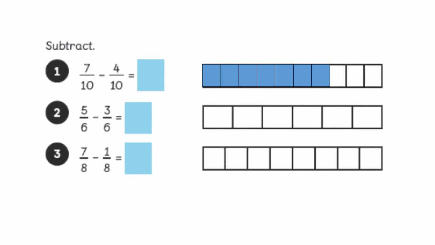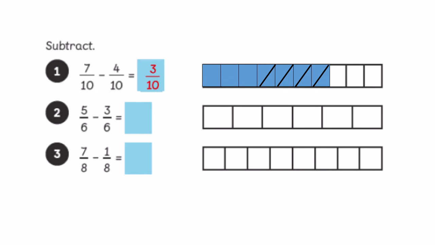What fraction am I taking away? 4/10. I'm taking away 4 of the pieces. Can you count with me? 1/10, 2/10, 3/10, 4/10. How many are left? 1, 2, 3. 3/10 are left.